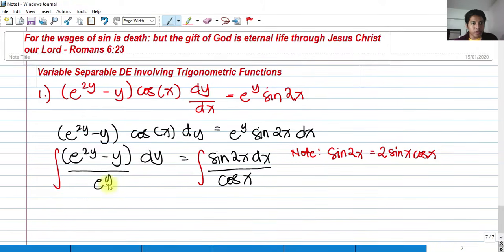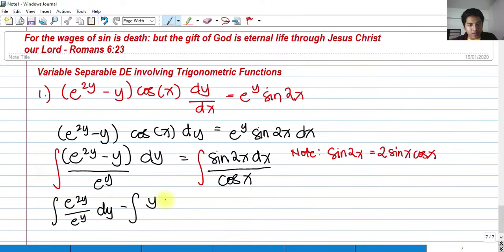So what I'm going to do is we can actually distribute the integral here. So we have e raised to 2y over e raised to y, we have dy here. By properties of integral, we can separate this, minus the integral of y dy over e raised to y.